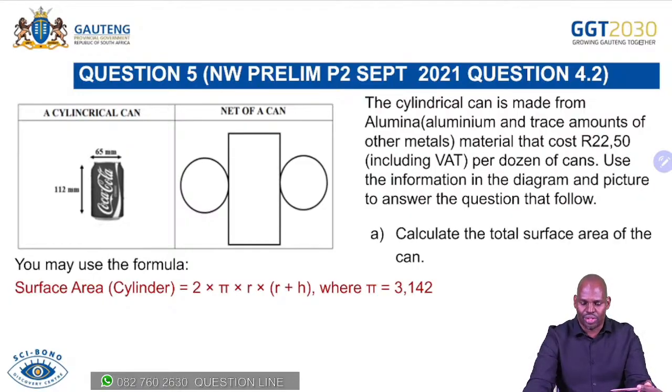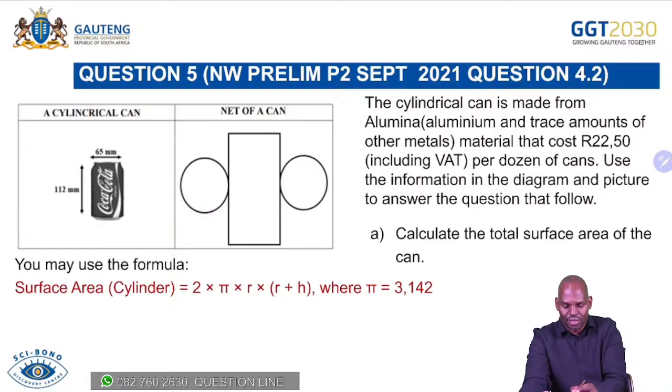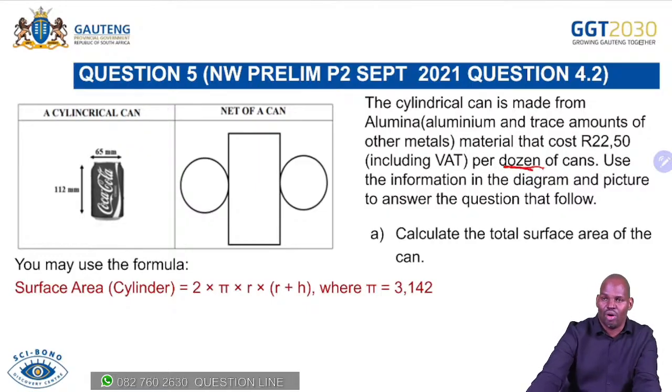The information given here is that the cylindrical can is made from alumina, which is aluminum with trace amounts of other metals. The cylindrical can is made from alumina material that costs 22.50 including VAT per dozen of cans.